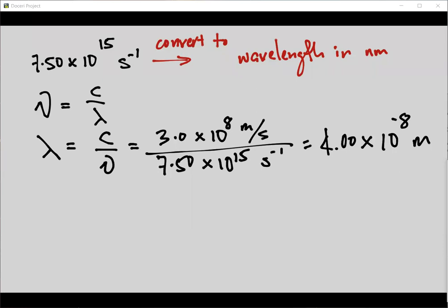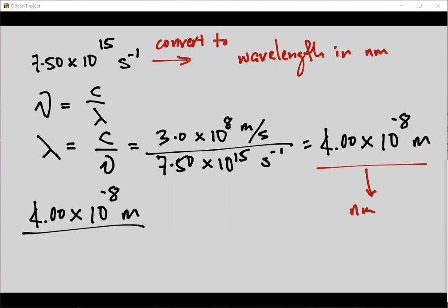Okay, so this is not in nanometers, but it's in meters, but it's asking you what is the wavelength in nanometers. So now you can convert this to nanometers, and you can easily convert that by dividing this number by 10 to the negative 9. All right, so plug this into the calculator and divide this by 10 to the negative 9.